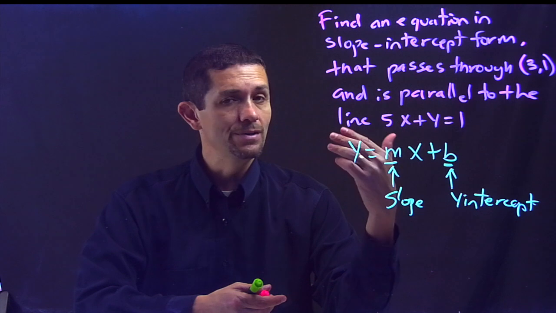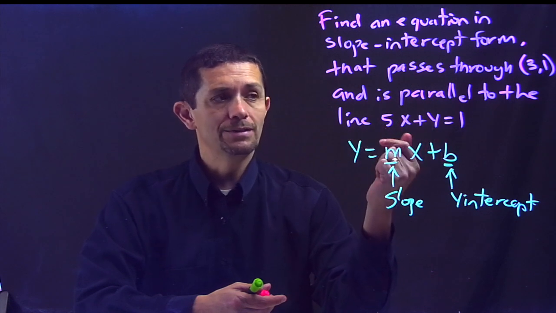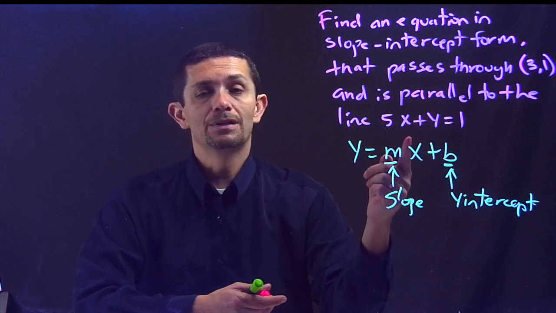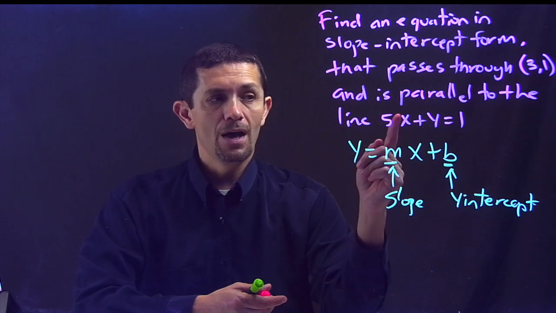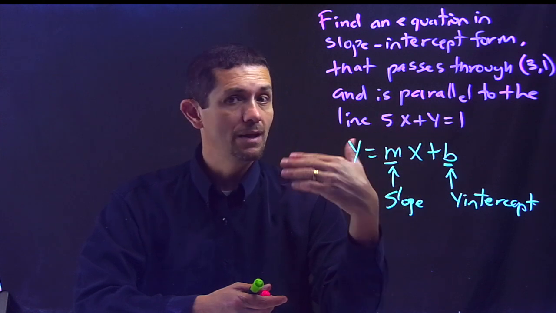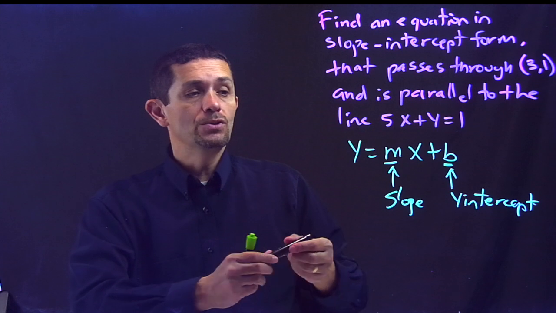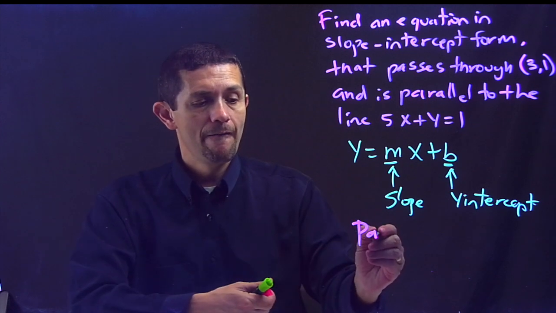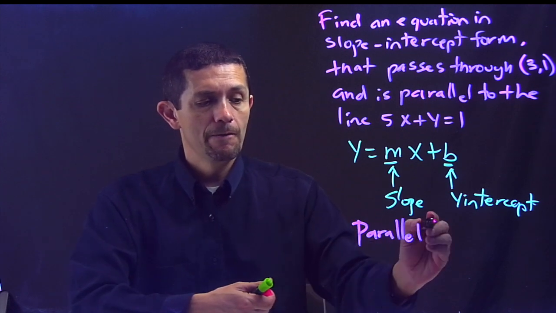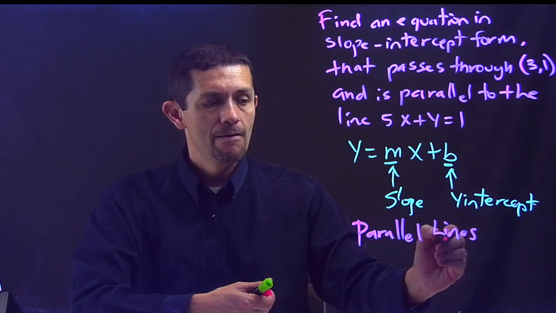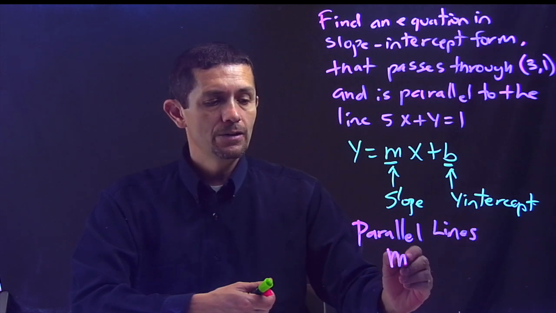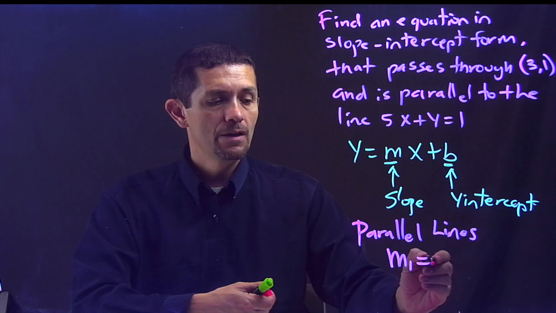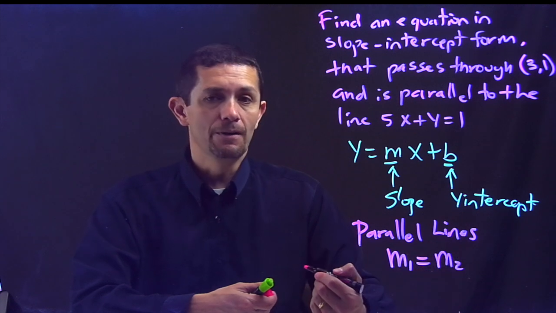So here's the tip that we need to find out. They're saying my line is parallel to this line. So what happens when two lines are parallel? When two lines are parallel, the slope of my first line is equal to the slope of the second line.